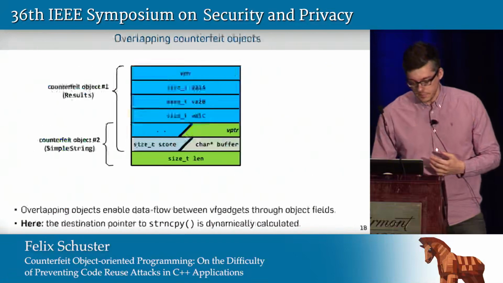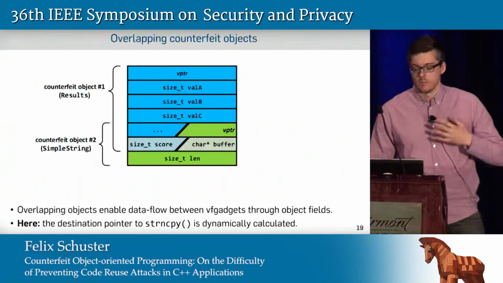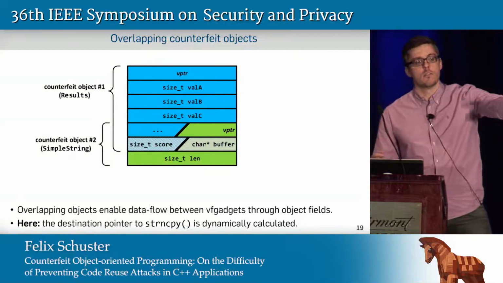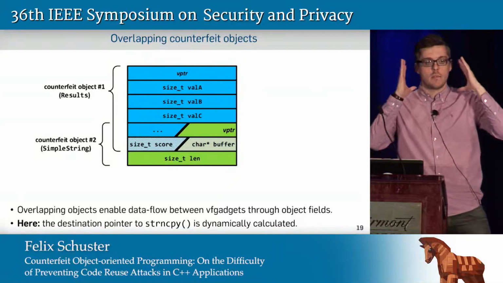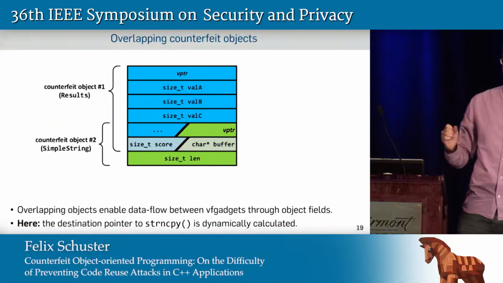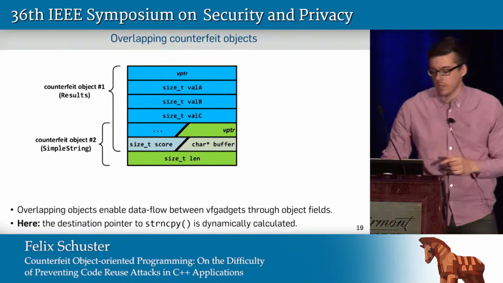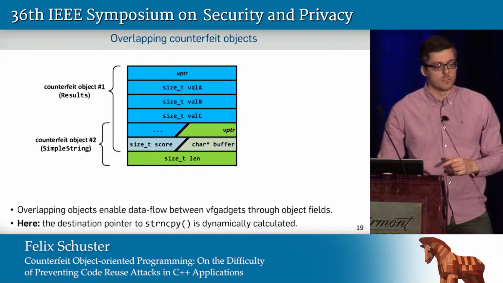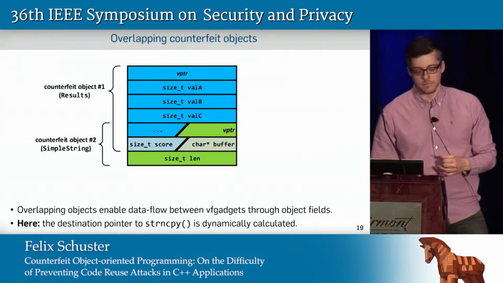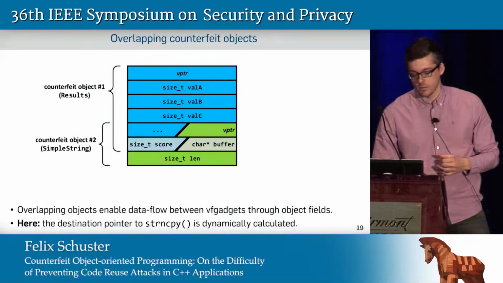So you need a data flow from one VF gadget that you execute to the next one. You want to dynamically calculate the address for buffer using the first VF gadget I showed you, and then write some data to that address. Here's how we do this: we have the concept of overlapping counterfeit objects in COOP. See, we have the blue object, which corresponds to the first VF gadget I showed you.